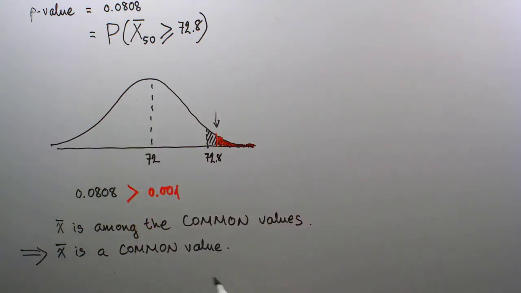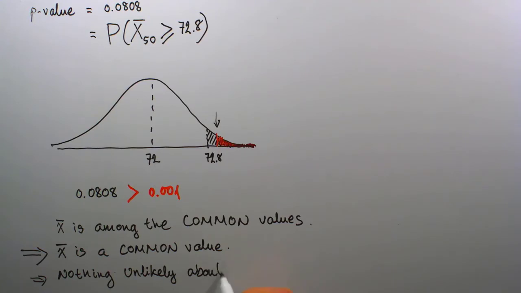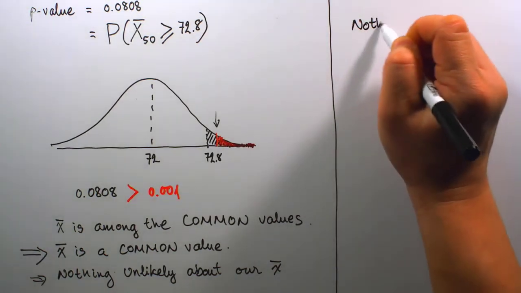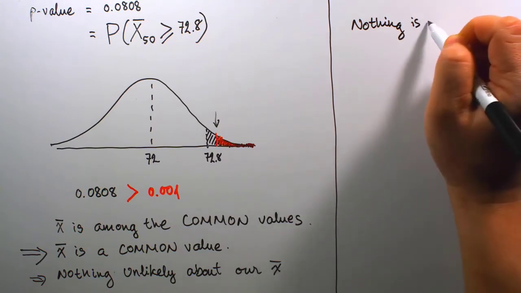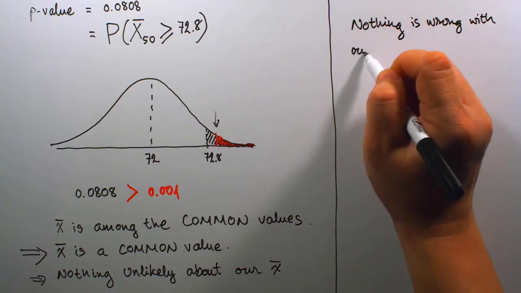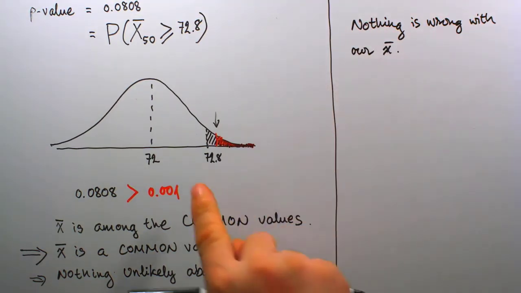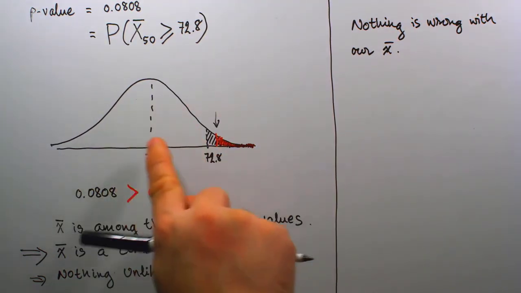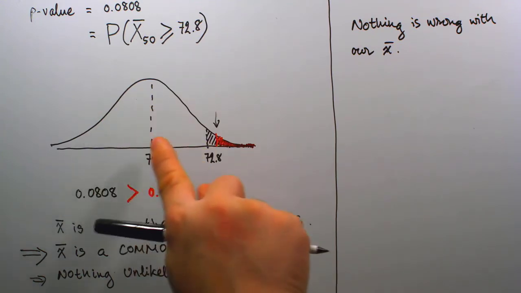So that means nothing unlikely about our sample mean. Or in other words, nothing is wrong with our sample mean. Our sample mean, even though being different from the claim, is still within the acceptable, commonly seen fluctuated sample mean value.